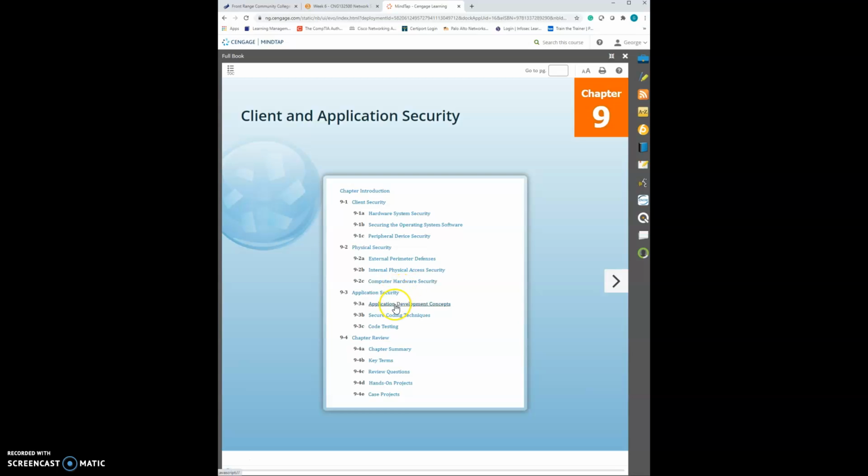Application security. Once again, we look at a lot of the holes, and if you go into more studies, you're going to see that a lot of the focus is trying to get secure coding done at the very initial part. And that's going to be like web searches for your domain.